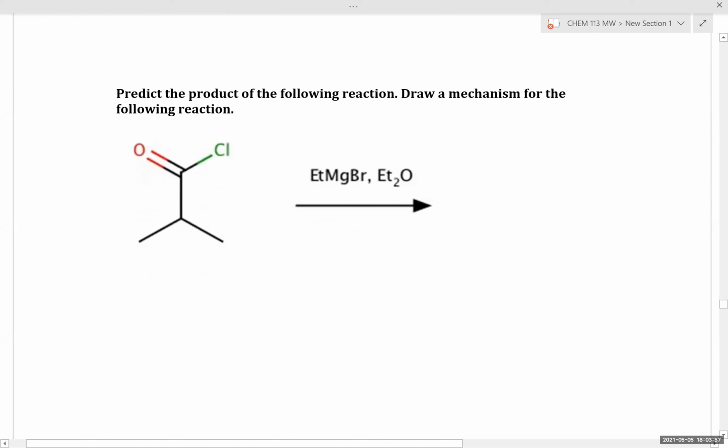This time we have an acetyl chloride. In this case, we have an acyl chloride starting material, and we're treating it with ethyl magnesium bromide, a Grignard reagent. So let's try to apply what we've learned earlier on in this chapter, and let's try to predict the product from this reaction and draw a mechanism for this reaction.